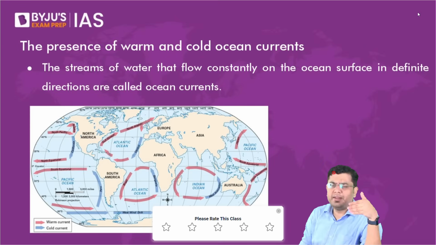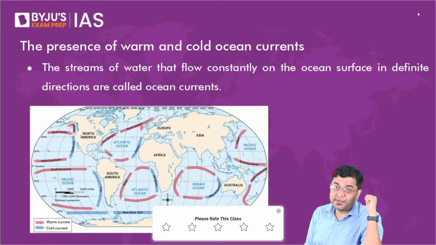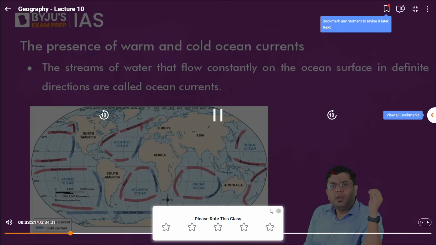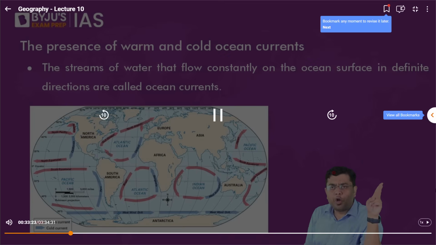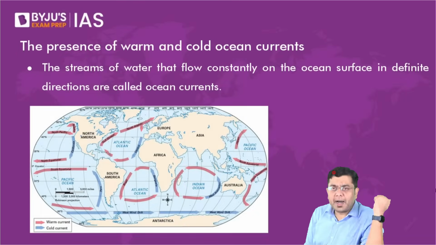So in the oceans also, you will have the movement of water from one region to another. This is just like the case of the winds. These ocean currents are also very important in order to distribute heat in various different areas. So basically, you have either warm ocean currents or cold ocean currents. Warm ocean currents are higher than the average temperature in the surrounding region, and cold ocean currents are lower than the surrounding water temperature.